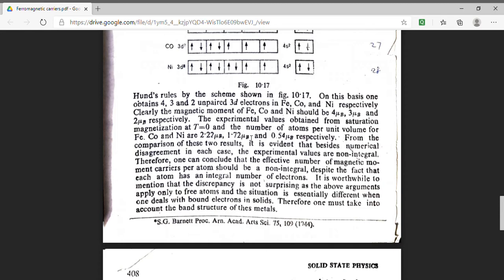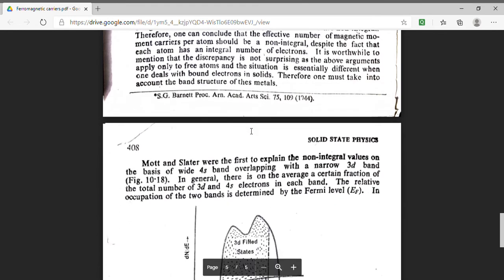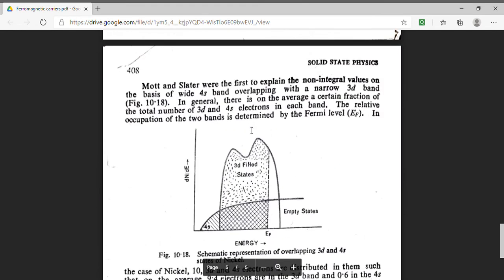So for this purpose, we must take into account the band structure. The outermost shells, as we have shown, are 3d and 4s. We are drawing the density of states of iron, cobalt and nickel. Here I am showing this for nickel.